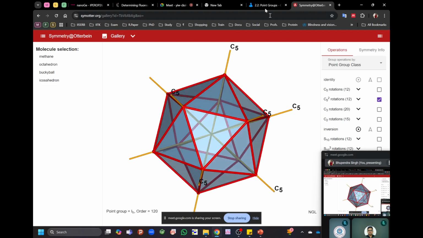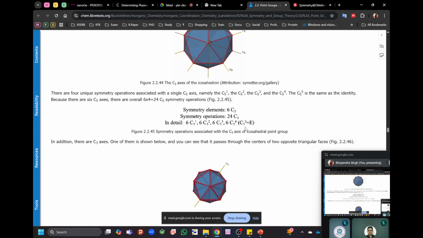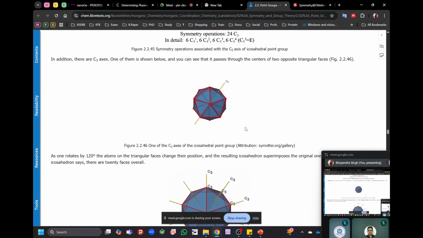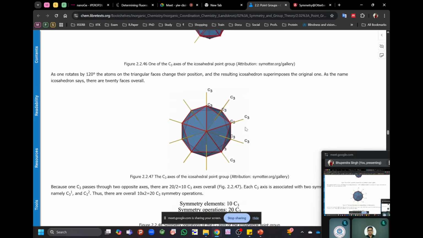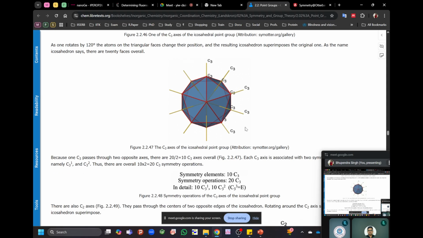So how many? Six C5 axes, giving 24 operations. Okay. Now in this you will also find C3 axes.